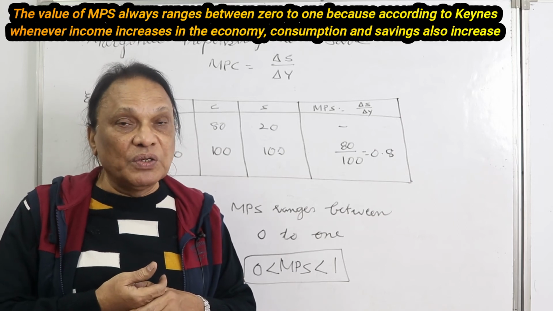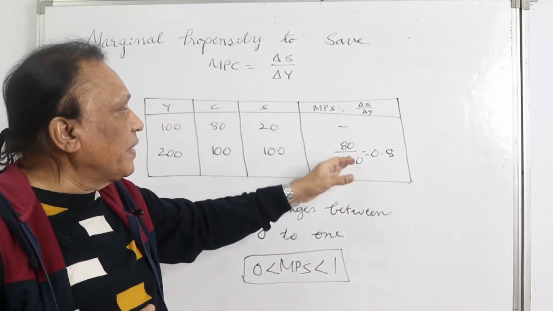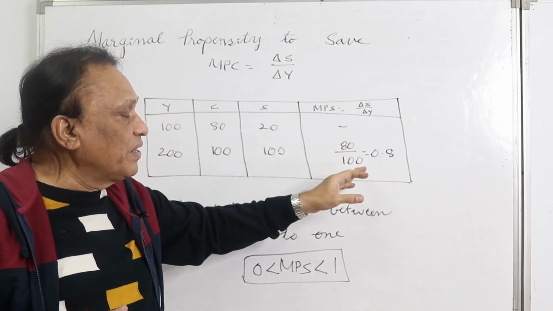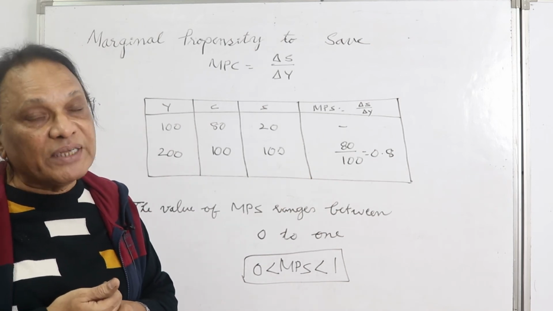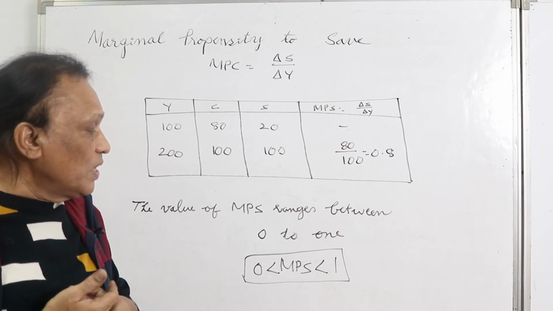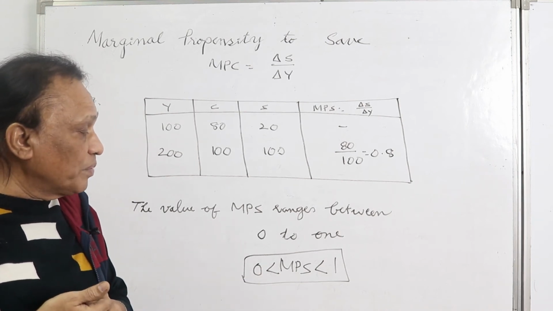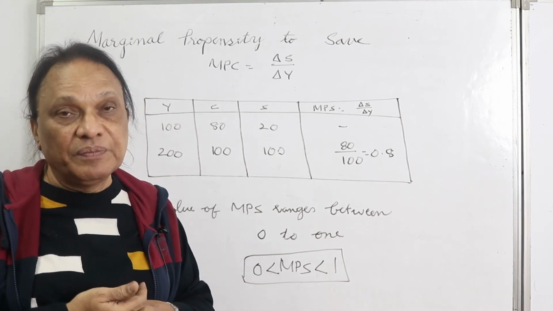Delta S upon delta Y can never be 1, because the change in income can never be equal to the change in savings; there has to be some increase in consumption. It cannot be 0 because delta Y can never be equal to delta C.